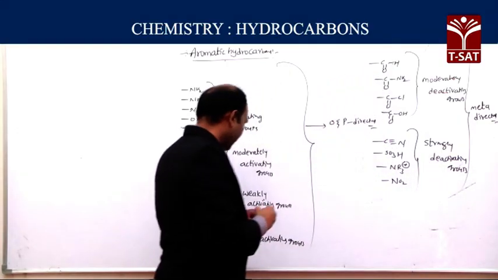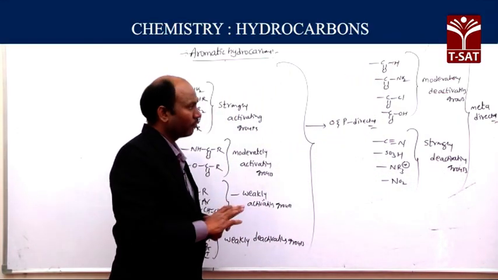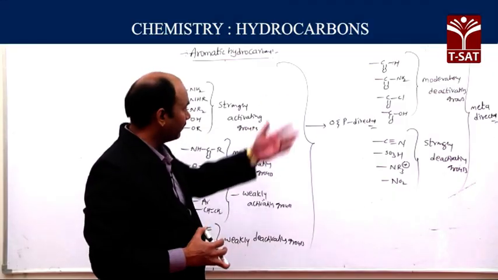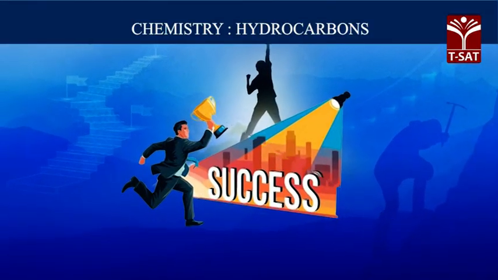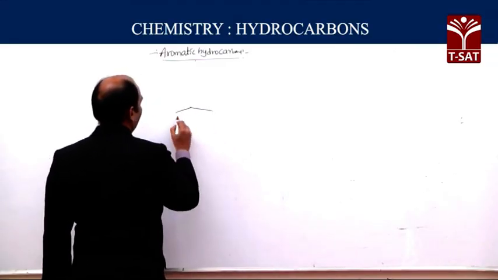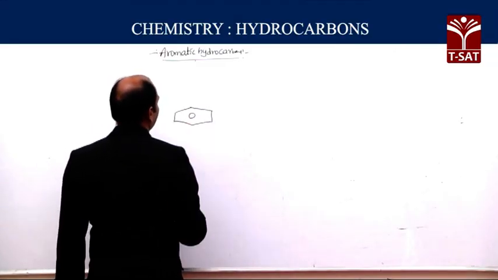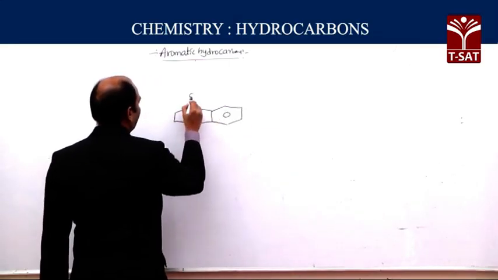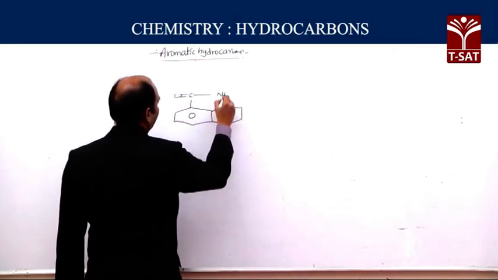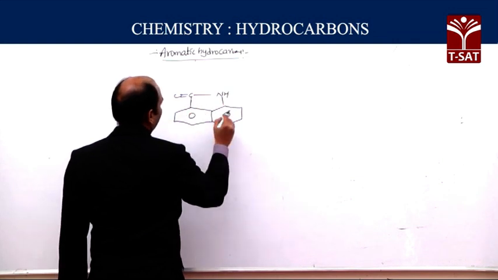That means if these groups are present, the electrophile attacks at the ortho and para positions. If those groups are present, the electrophile attacks at the meta position. Suppose here we have a naphthalene system, with C=O and NH on it.